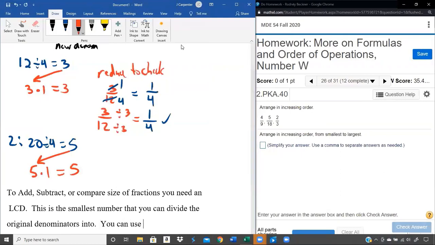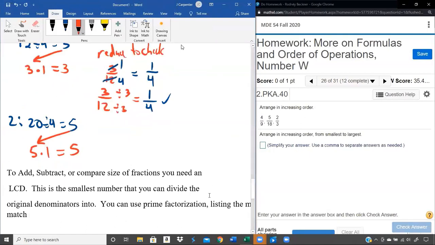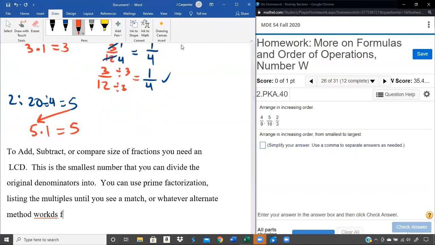You can use prime factorization. You can use listing the multiples until you see a match. Or whatever alternate method works for you. But those two are the primary methods.